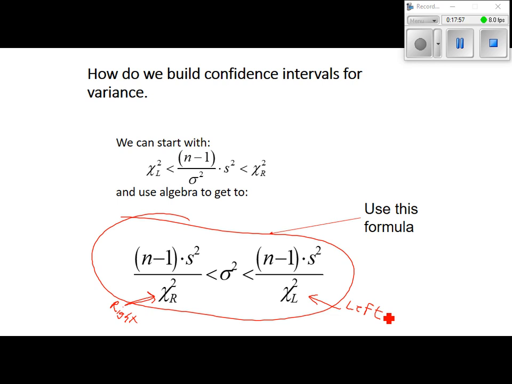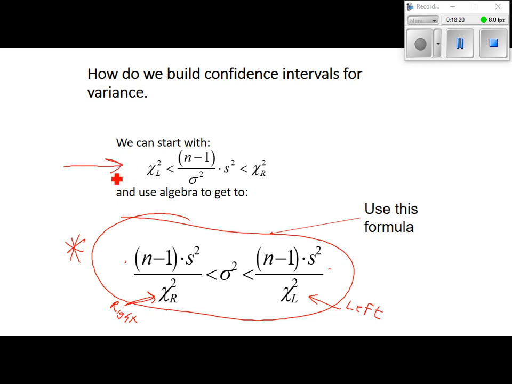The reason for that is if you're dividing by the right critical value, that's going to be a bigger number, so it's going to end up giving you a smaller number over here on this side and a bigger number on this side for your interval. This is the formula that we want to use, not this one. We're not worried about that.